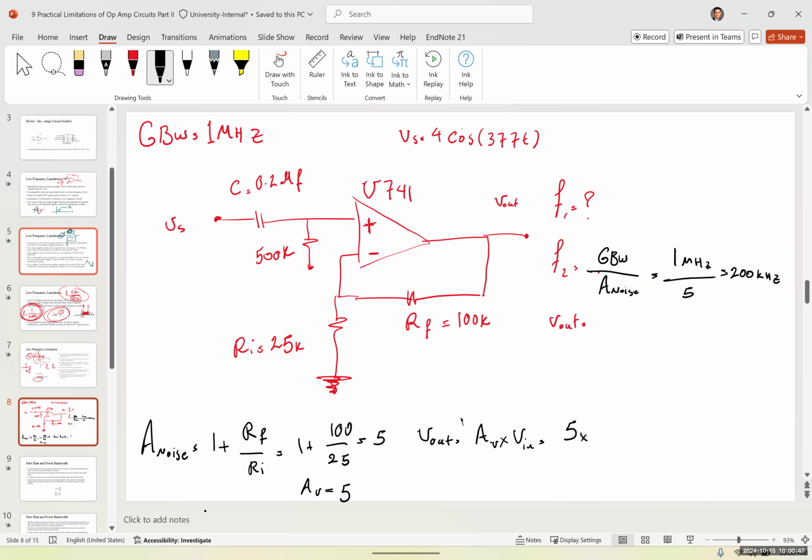So it's going to be 5 times 4 cosine of 377t, which is 20 cosine of 377t.